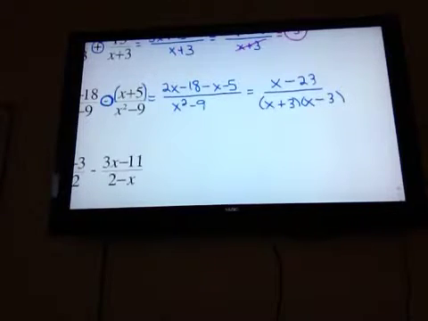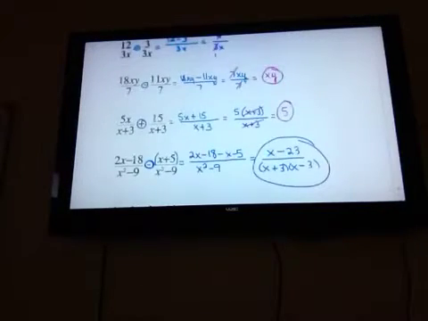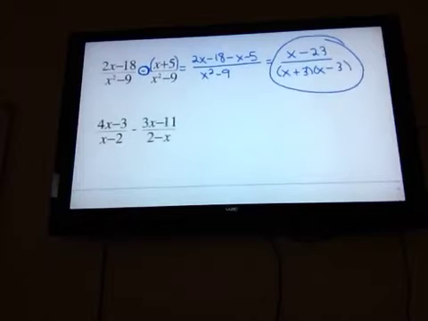And then can I reduce anything? I cannot. That group that's in the numerator does not look like the groups that are in the denominator. So this is as far as I can go. So that one I added and subtracted, but I couldn't factor and I couldn't reduce. I don't think I've hit one where I've done all 3 of them. Have I? Nope, not yet.